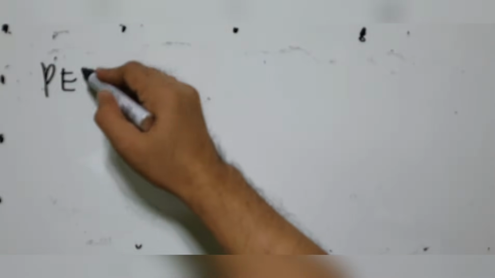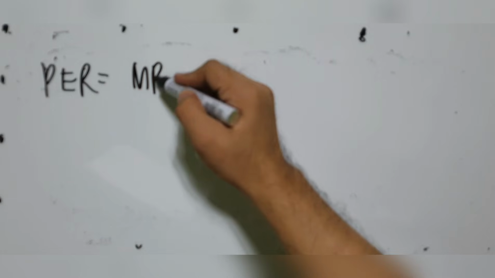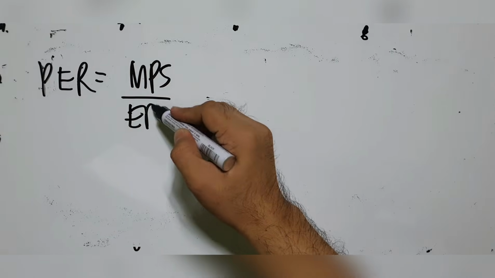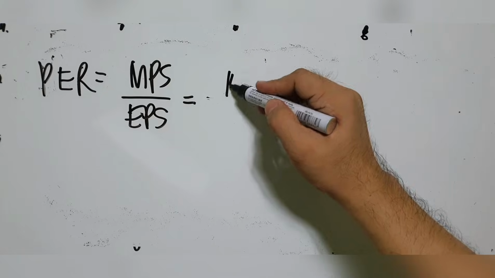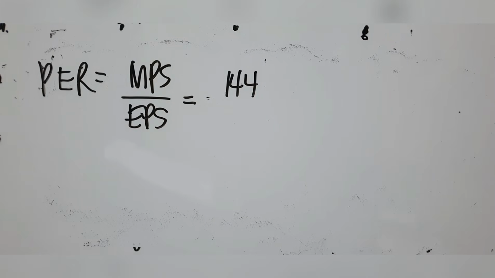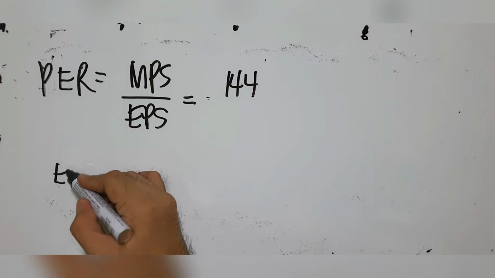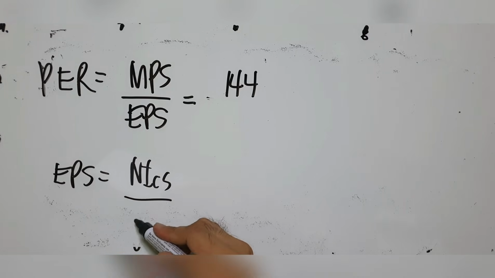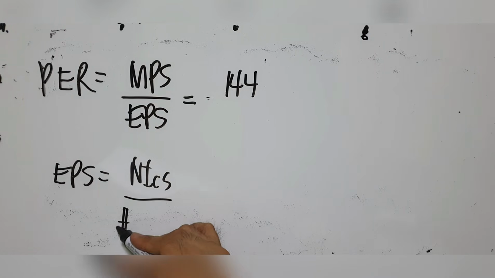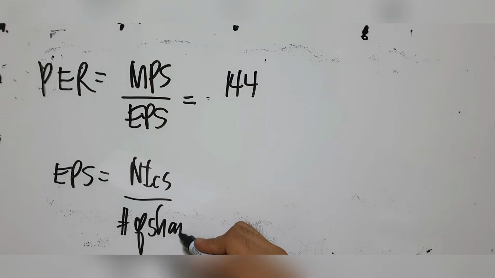Ang hinahanap sa atin ay price-earnings ratio. So, that would be market price per share over EPS. Ang market price per share ay binigay na 144. Ang hinahanap na lang natin ay earnings per share. So that would be NIX over your number of shares.